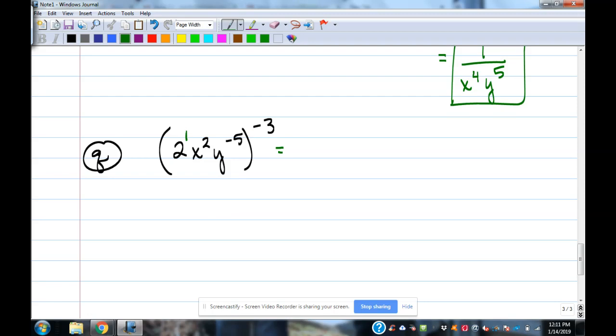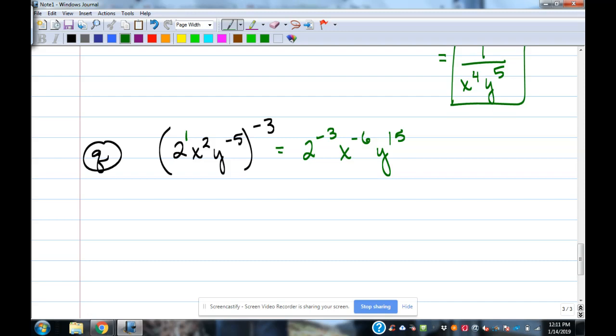That's what Tyler's trying to tell us here. This 2 has a first power. And the rule is to multiply all these exponents. So we end up with 2 to the negative 3, x to the negative 6. Good. Y to the positive 15. All right, good.